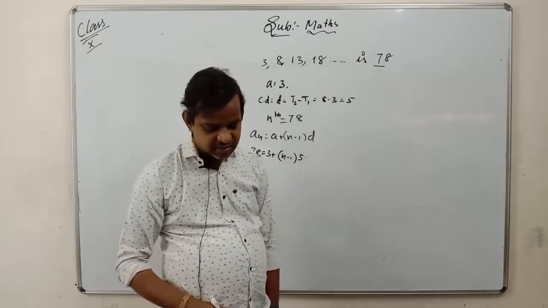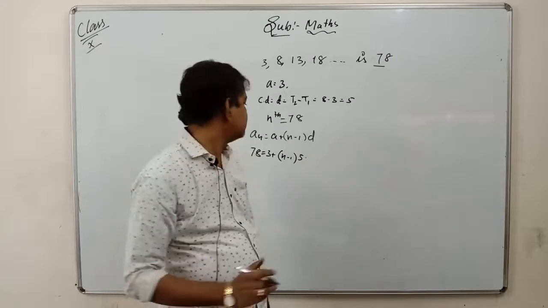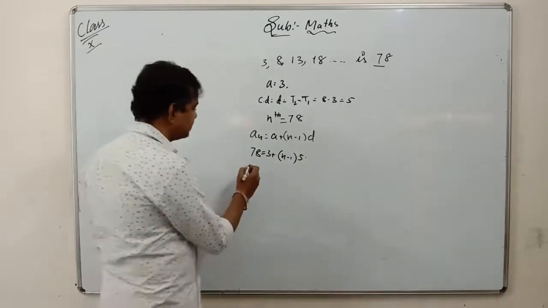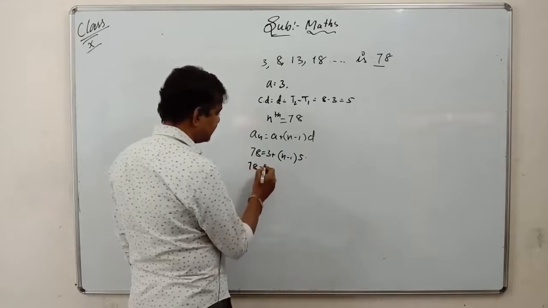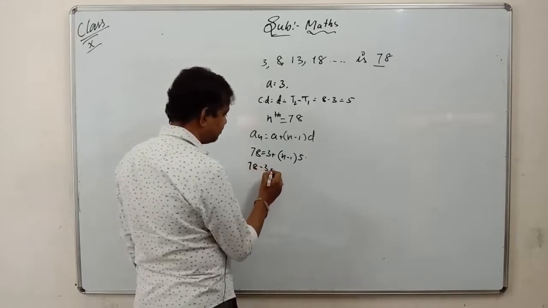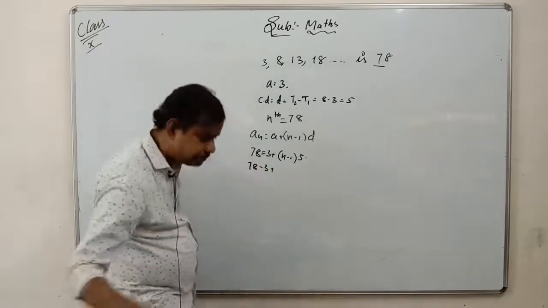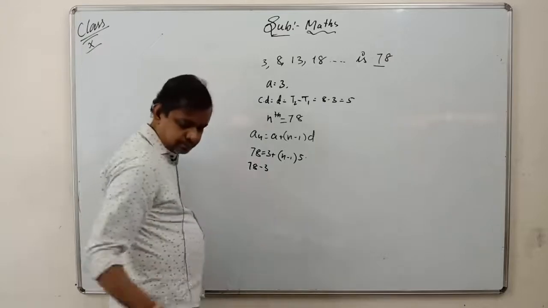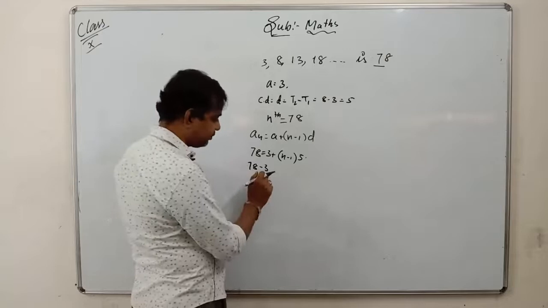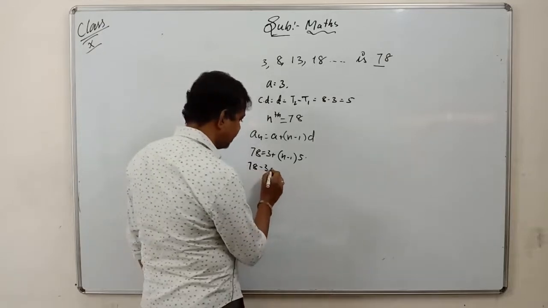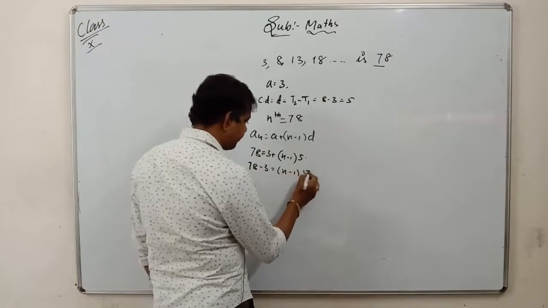The common difference is 5 as given there. So this can be written as 78 minus 3 equals n minus 1 of 5.